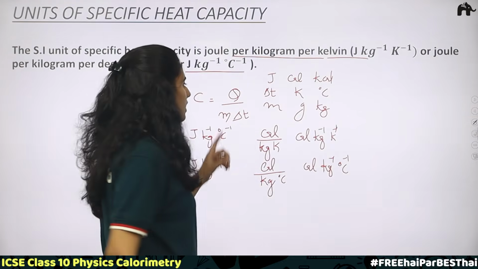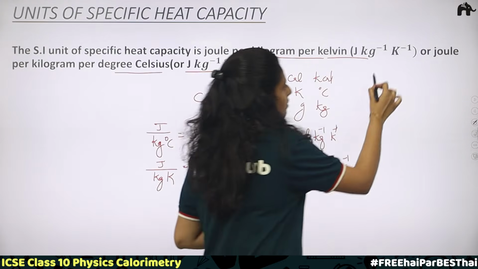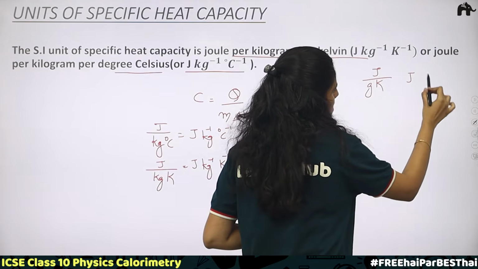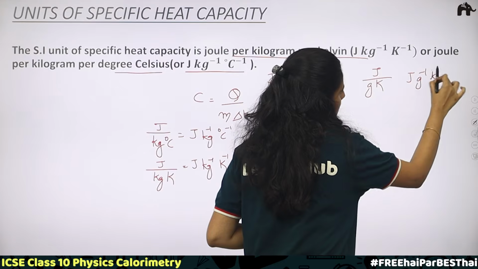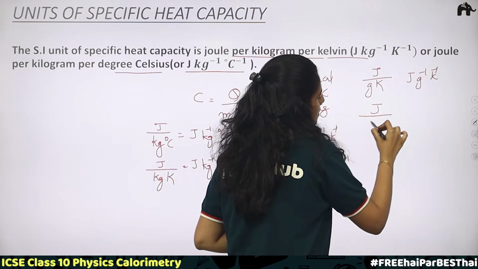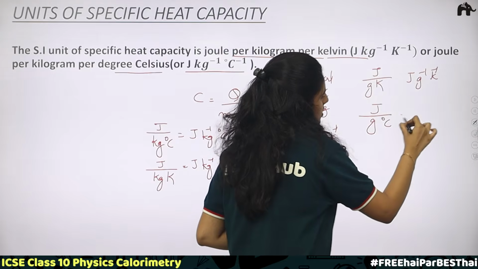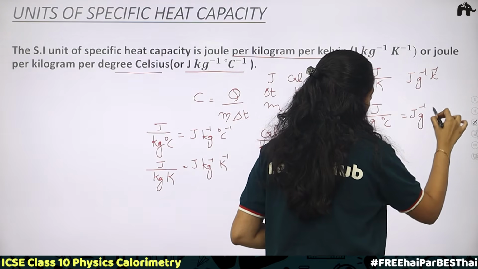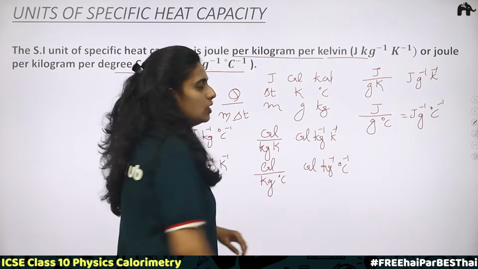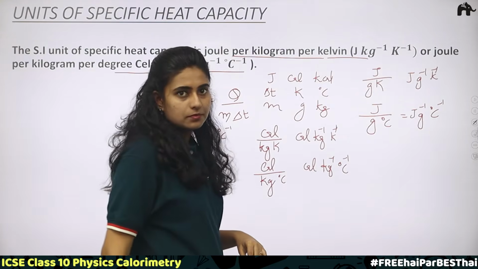If mass is taken in grams, you can have joule per gram per Kelvin, which is joule gram inverse Kelvin inverse, or joule per gram degree Celsius, joule gram inverse degree Celsius inverse. So these are the possible units. Clear?